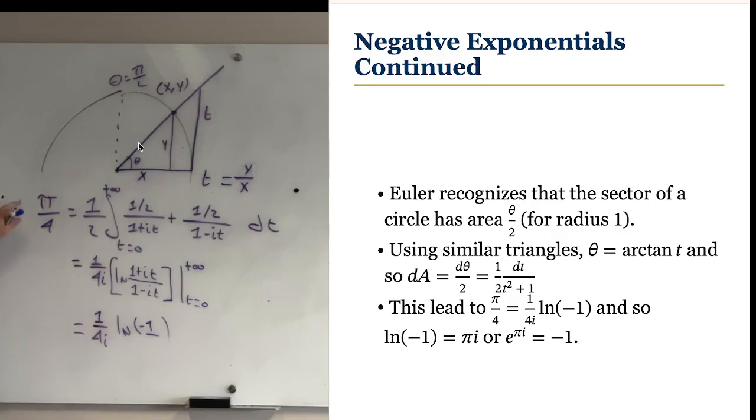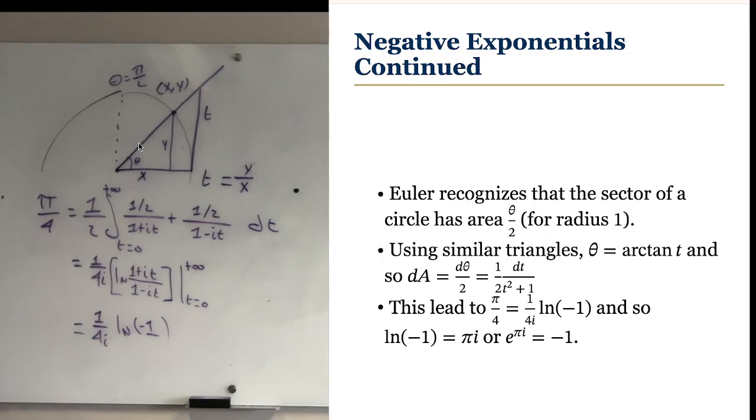And if you move the 4i over here, you're going to get pi i is equal to the natural log of minus 1. And if you exponentiate this, you get Euler's famous formula, e to the i pi is equal to minus 1.